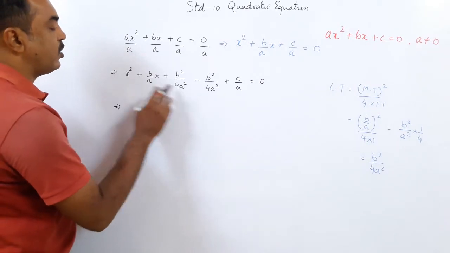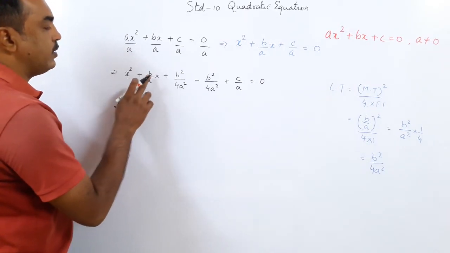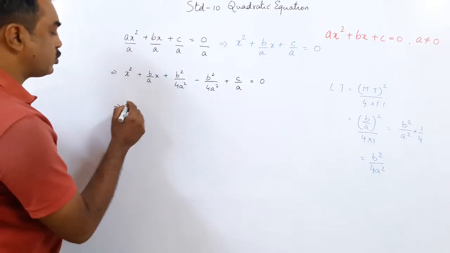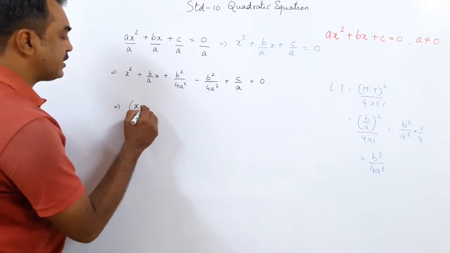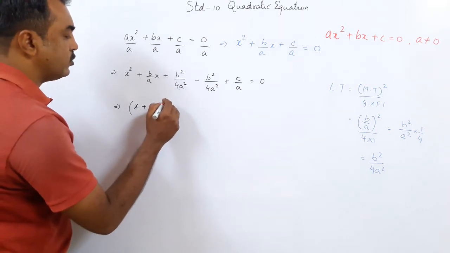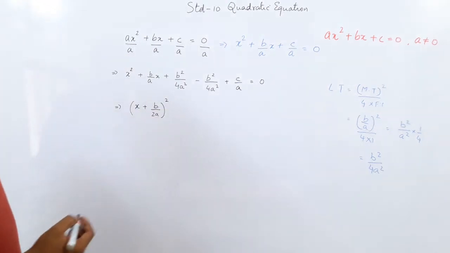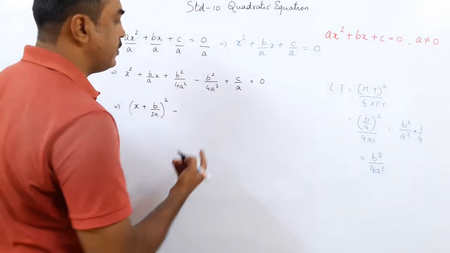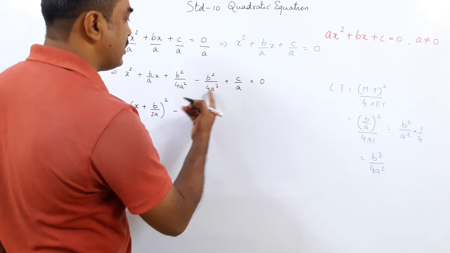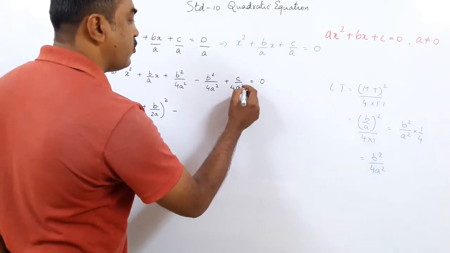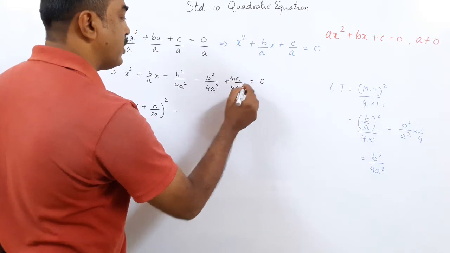Now this has become what? a square plus 2ab plus b square. This is x plus b by 2a the whole square. So this becomes x plus b by 2a the whole square minus, what I will do here, b square upon 4a square, this I will solve by LCM. So I multiply this by 4a, so this becomes 4a square and 4ac.